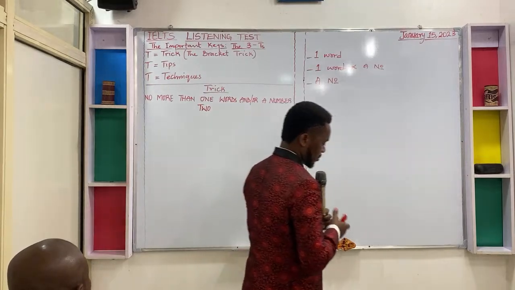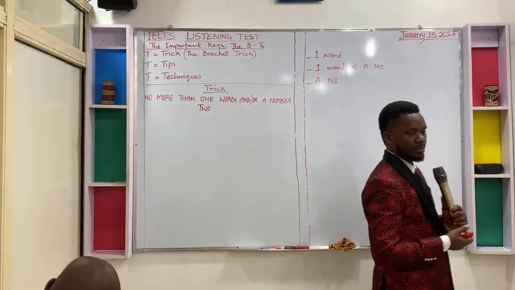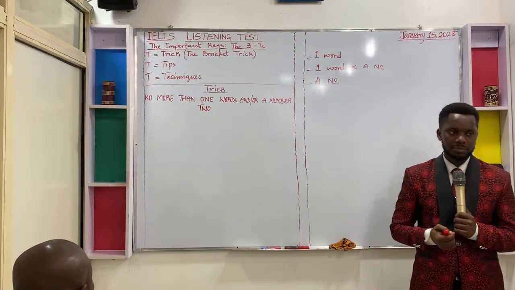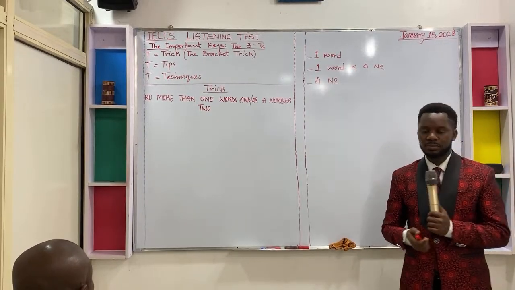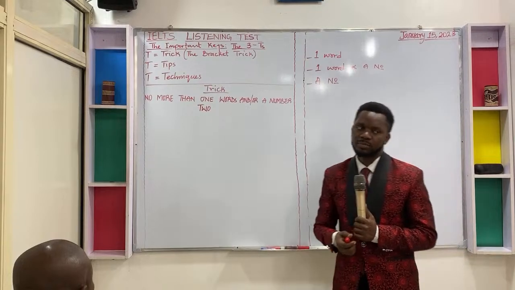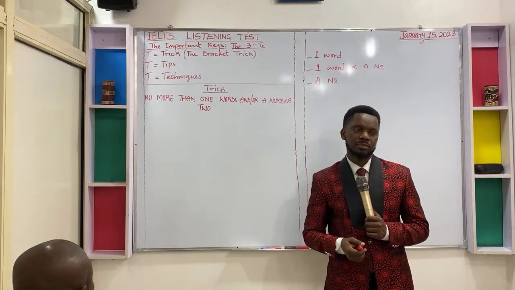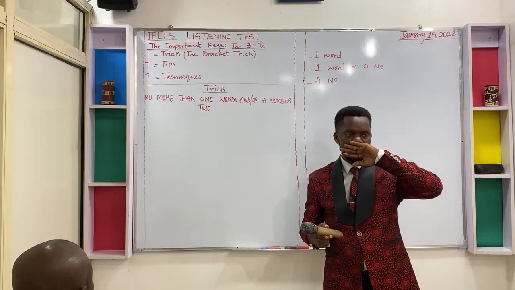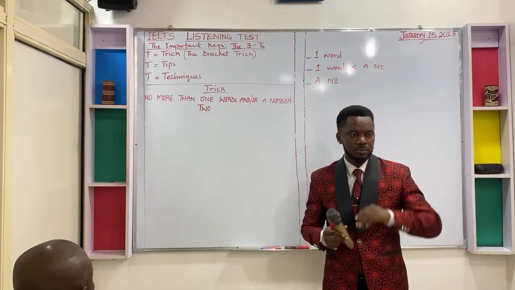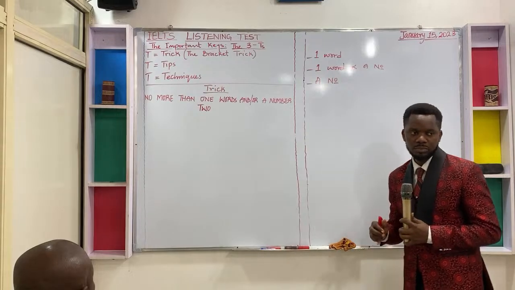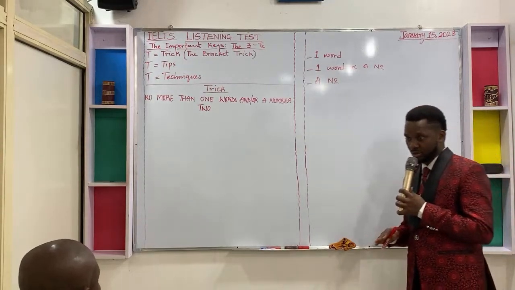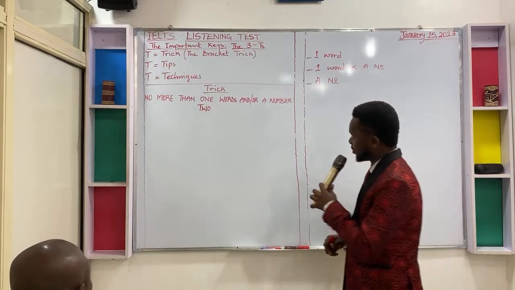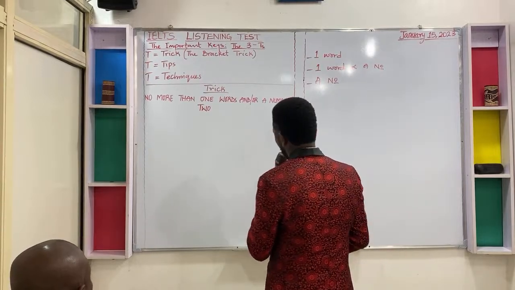So you should have either 2 words, 2 words and a number, or... You could have just 2 words, you could have 2 words and a number, or you could have just a number. You go with that interpretation. All right, that's correct.